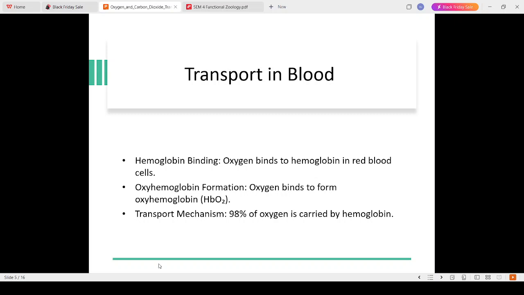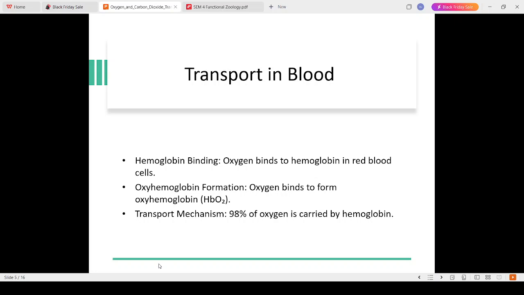Binding of oxygen with the hemoglobin present in the RBC is one of the important steps in the transport of oxygen in blood. As a result of binding, we get a molecule named oxyhemoglobin, and oxygen is then transported by the oxyhemoglobin.